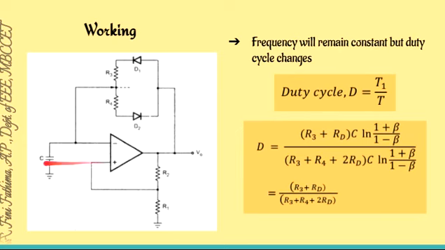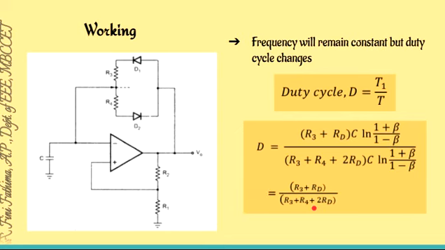So we are taking the duty cycle value and choosing the values of R3 and R4. Before that, I should say one more thing, that for the capacitance you can take some standard value, that is 0.1, and you can design for the first cycle, then change accordingly for R4 or RD.